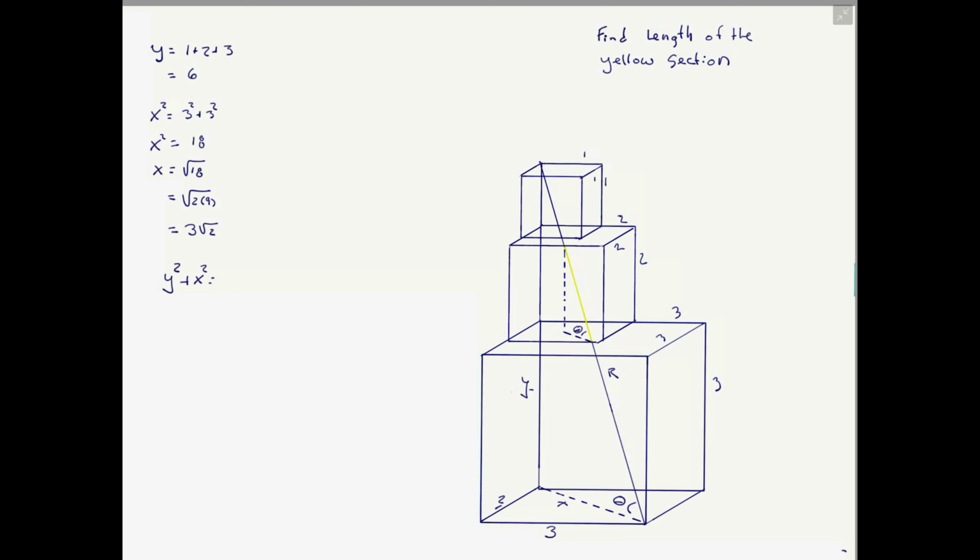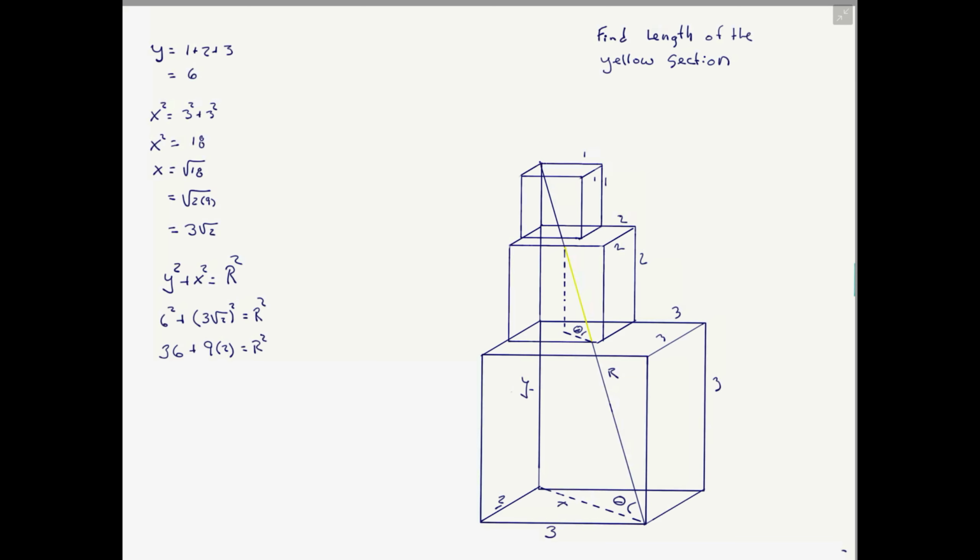And 18 is 2 times 9, so we could say square root of 2 times 9. And that's equal to 3 square root of 2. Okay, so x is 3 square root of 2.